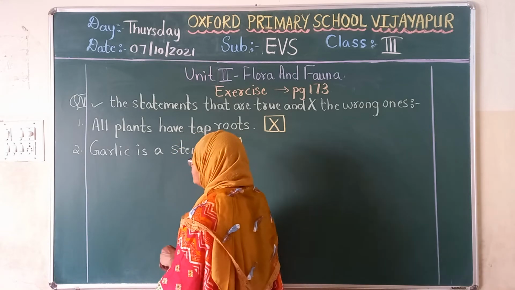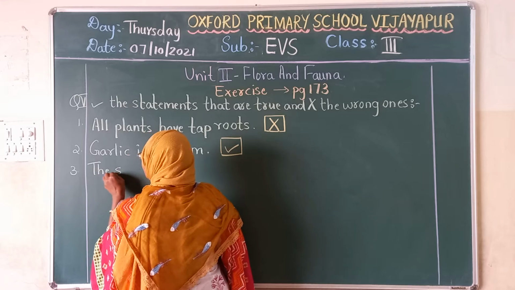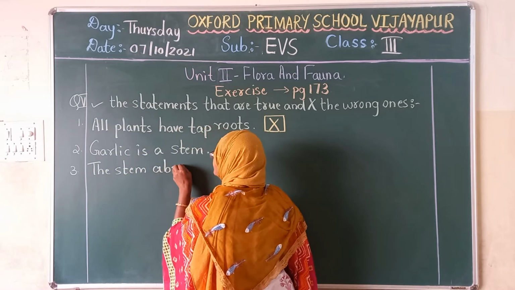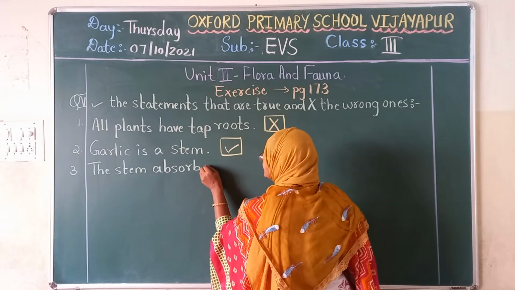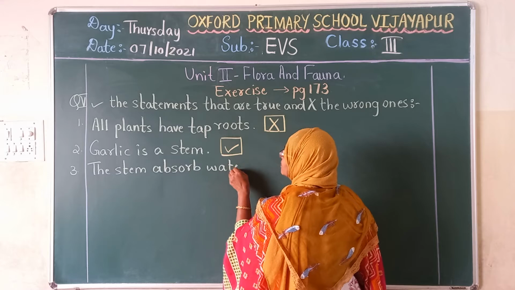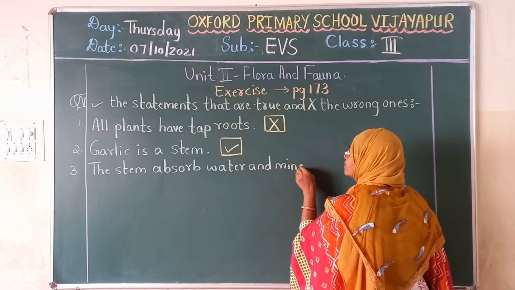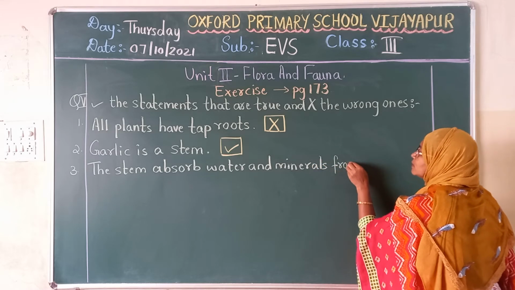Write the third one. The stem absorbs water and minerals from the soil.